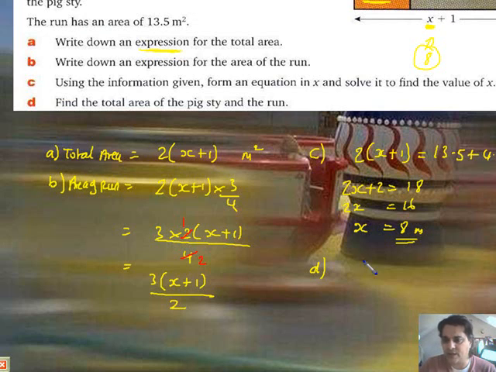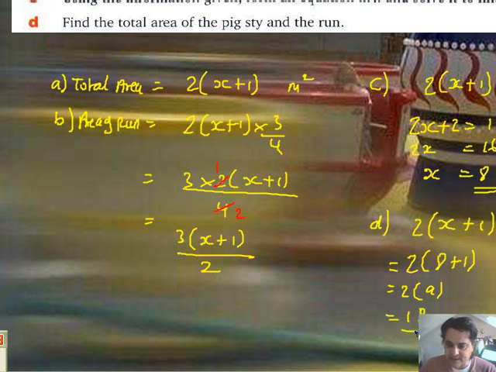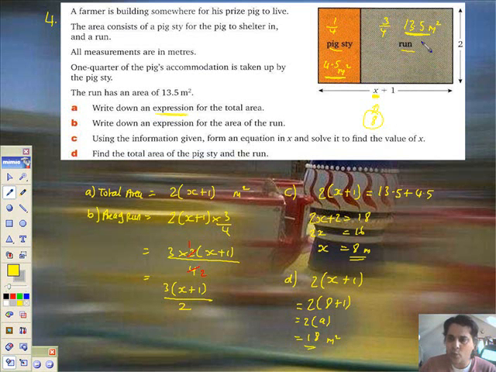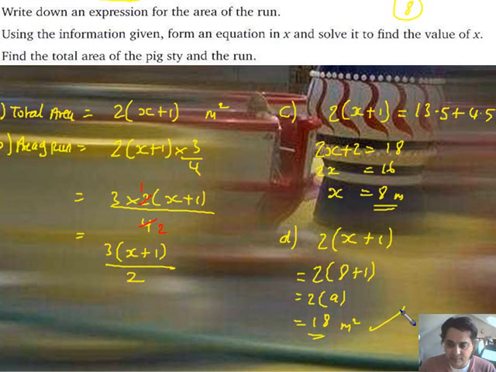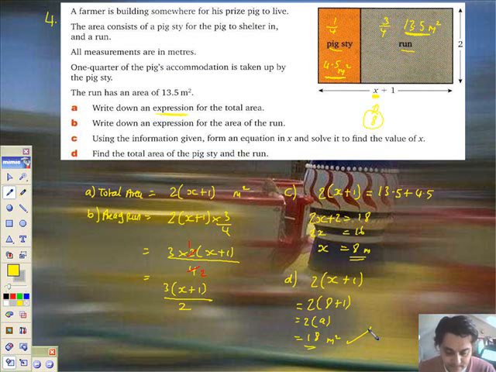So I've got 2 lots of x plus 1 is the whole area, and that will come to 2 lots of 8 plus 1, which is 2 lots of 9, and we know the answer is going to be 18 anyway, because I worked out the 13.5 and the 4.5 before. So there we go. Part D has been done also. So that's that one, question 4.